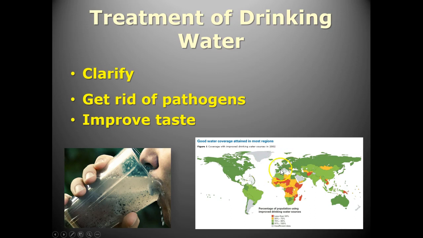Throw in this little map here that shows you where we have good water coverage. In other words, where we have improved drinking water. We certainly have it here in North America. We have it in Russia, various other parts.